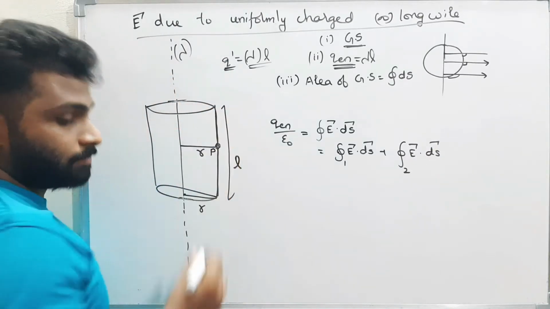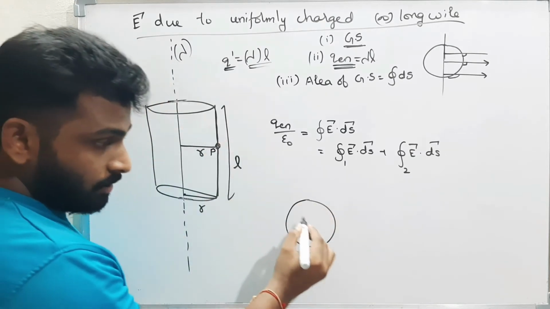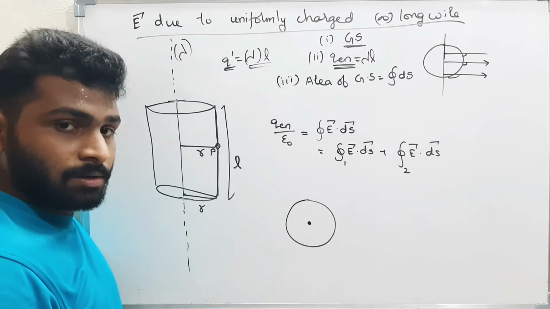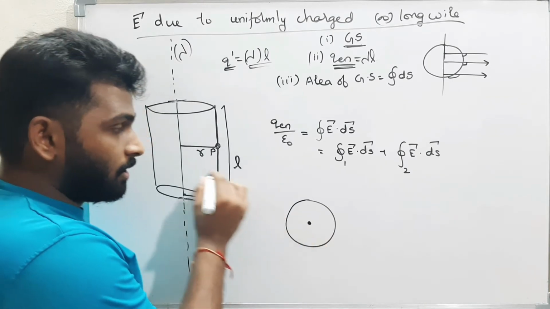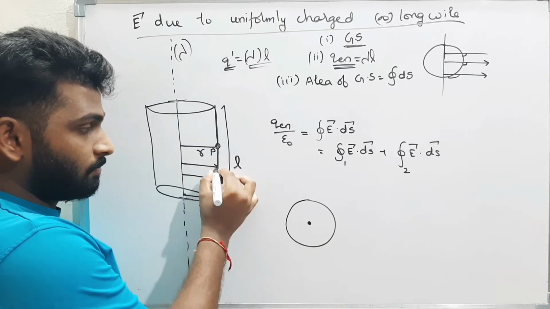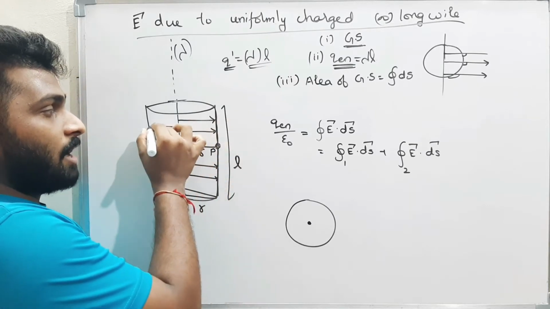Now see here. This is a cylinder, top view. This is a cylinder and this is a wire. Will you guys accept that? And the electric field lines by this wire will always be like this. This is the direction of electric field lines. Will you guys accept that?